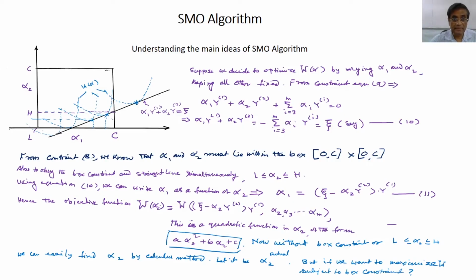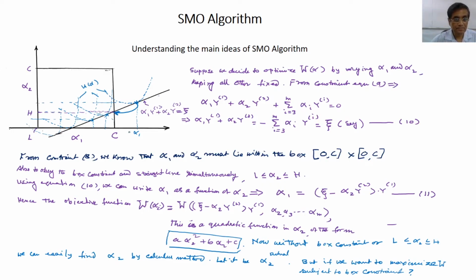The idea is that you can just clip it, and pick the nearest logical values of alpha 1 and alpha 2 from here. Is it clear? You cannot take this alpha 1 value and this alpha 2 value, because they are violating the box constraint.